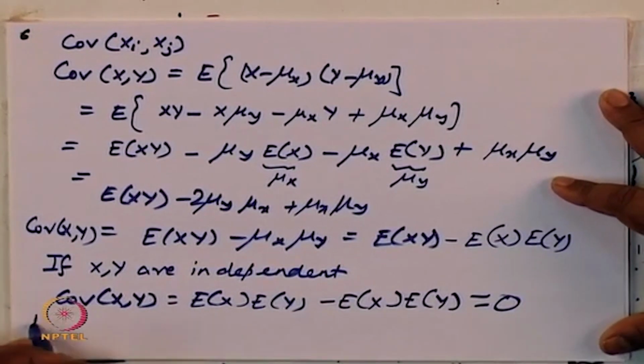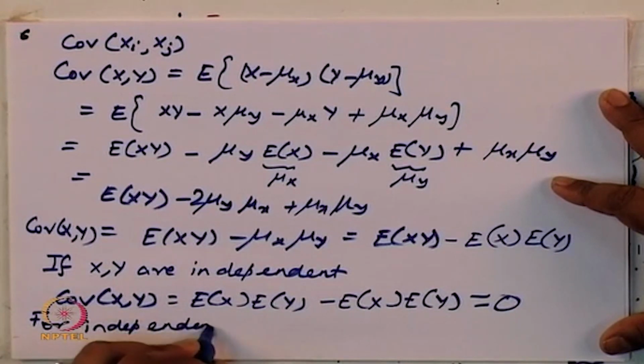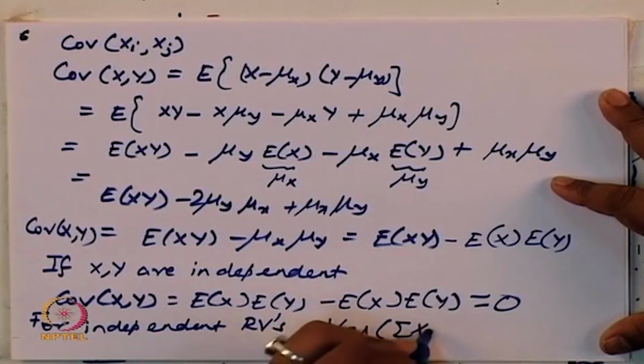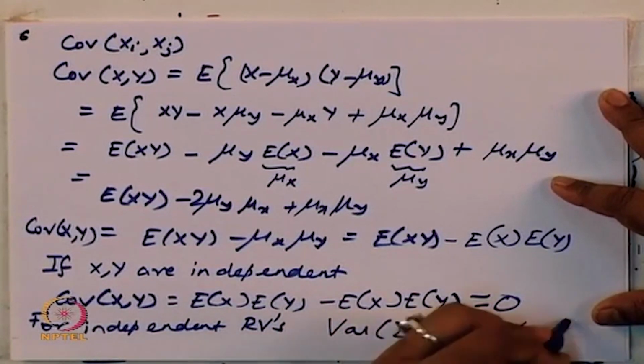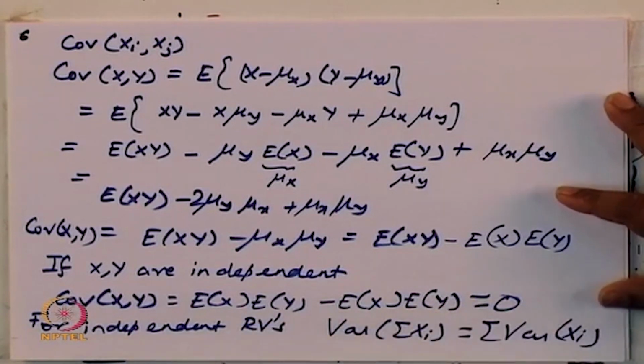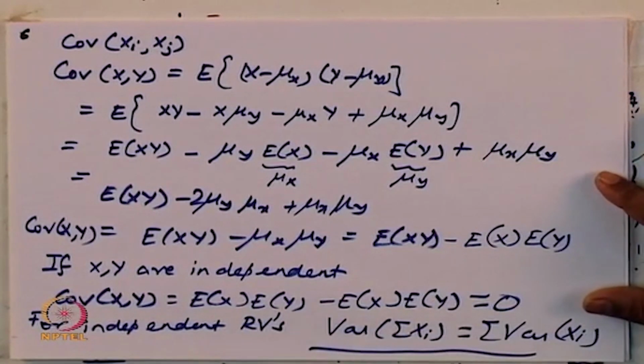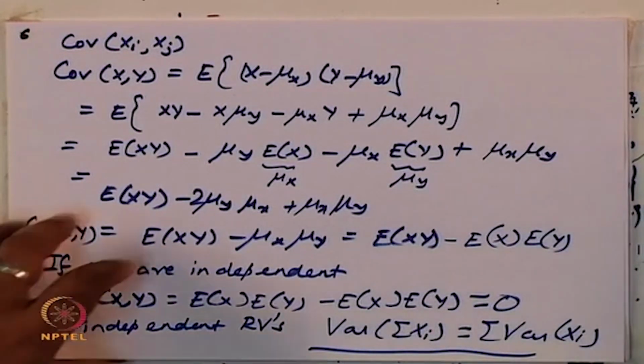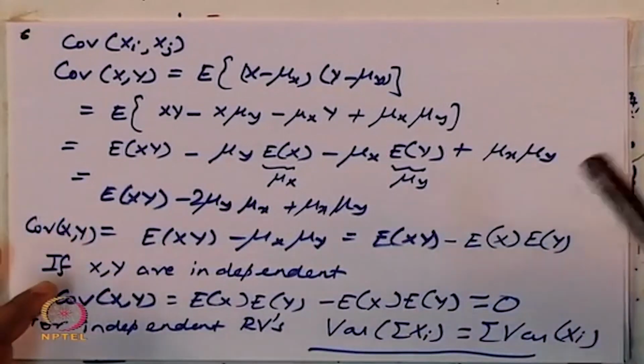So, for independent variables only, I can write the equation for the variance of the sum as the sum of the variances. This equation is applicable when your random variables are independent of each other. In general this equation is not valid, but when the random variables are independent, then you can write this equation.